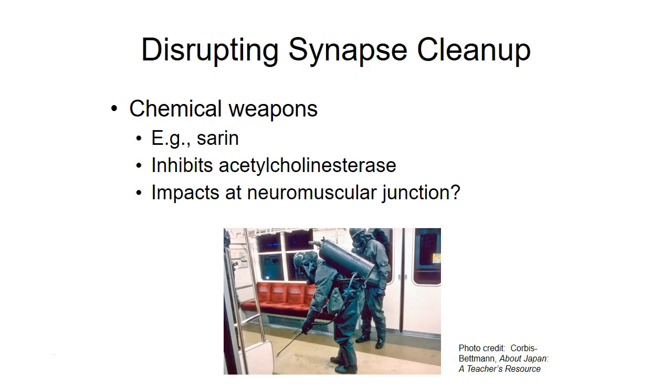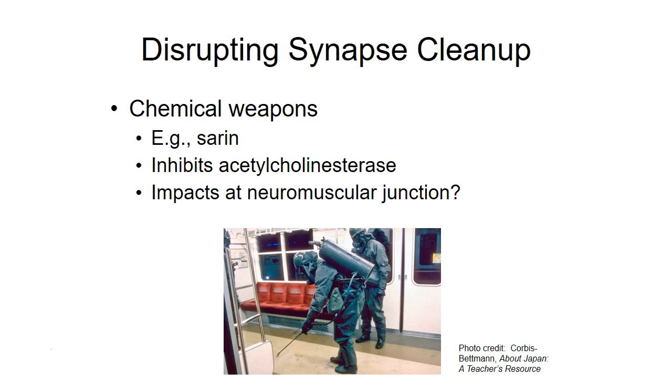Okay, so let's talk about a few of these. Sarin inhibits acetylcholinesterase. So if it inhibits acetylcholinesterase, what impact is this going to have at the neuromuscular junction? Let's start with what's going to happen to the amount of acetylcholine. What does acetylcholinesterase do?